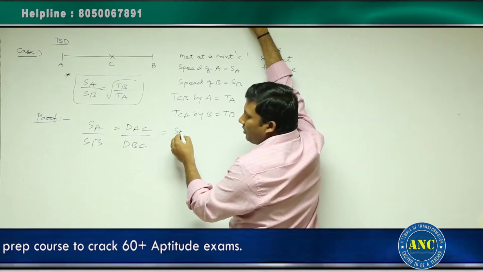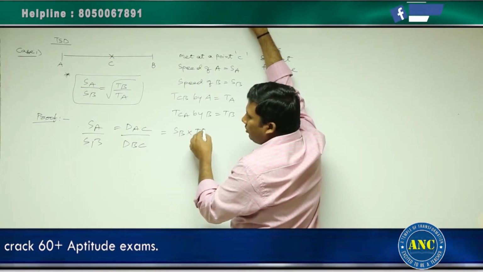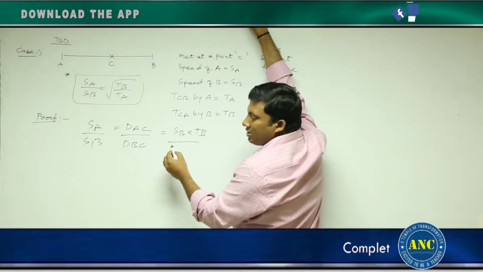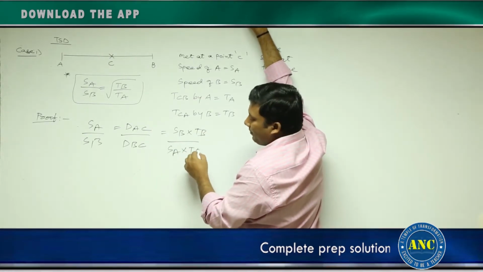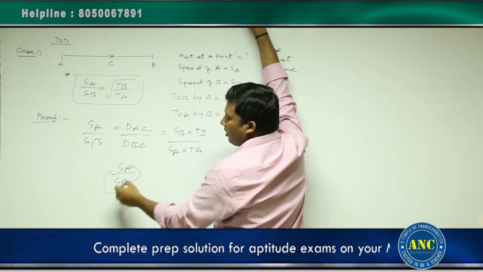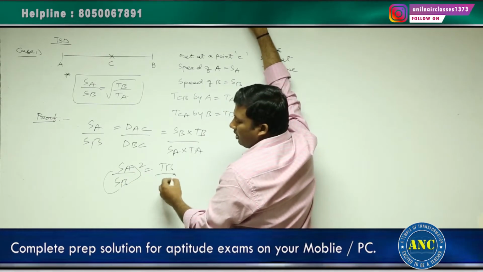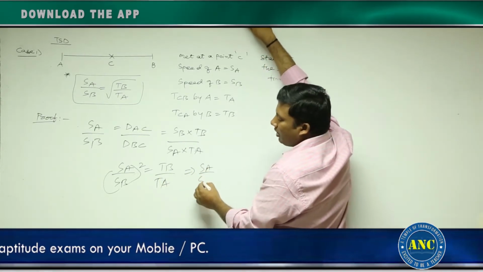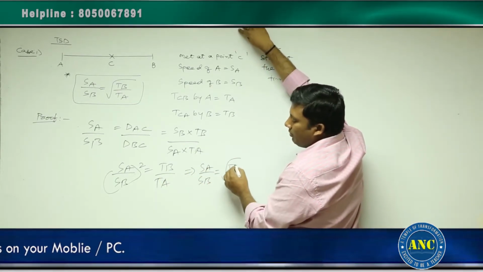After meeting, how much distance is SB into TB. The distance traveled by B before meeting is traveled by A after meeting. So SA by SB whole square is equivalent to TB by TA. Therefore SA by SB equivalent to root of TB by TA.